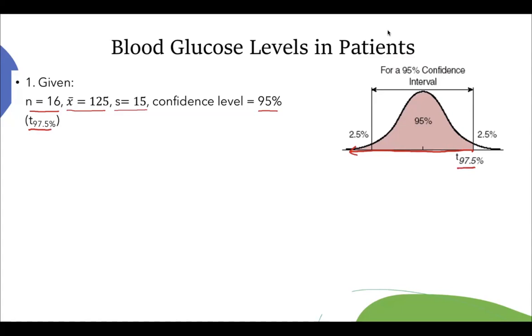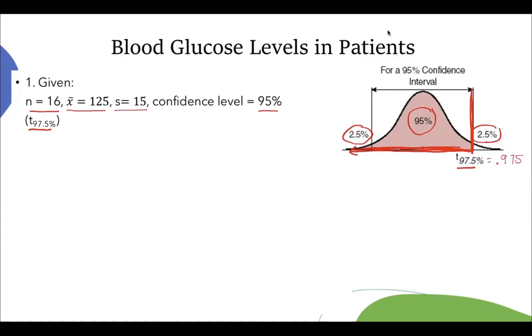Now that comes from looking at the middle as 95% and each tail containing the remaining 5%, so 2.5 on the left, 2.5 on the right. So the area in total to the left of this vertical cutoff is 97.5%.